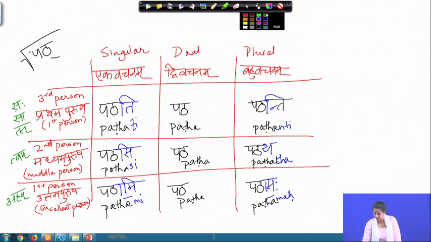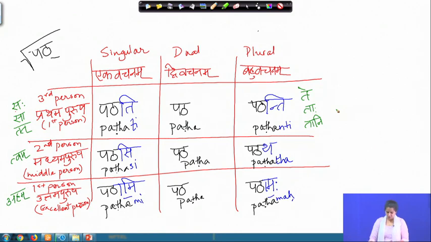So we've also at the same time looked at the pronouns. I'll just put the pronouns in for you for the plural so you know them correctly. So the pronouns are te, tah, tani.